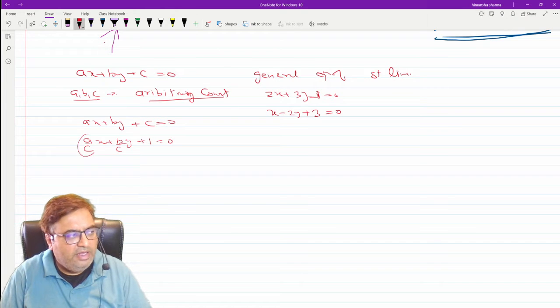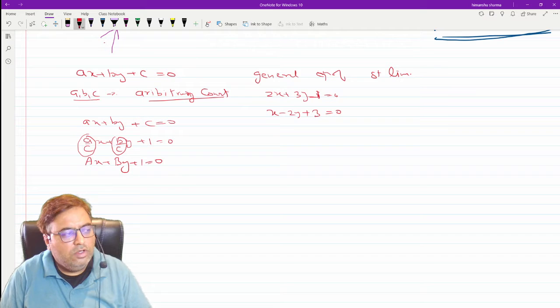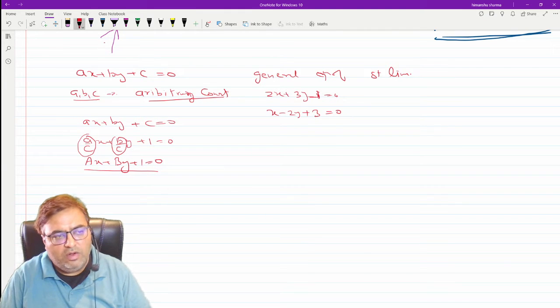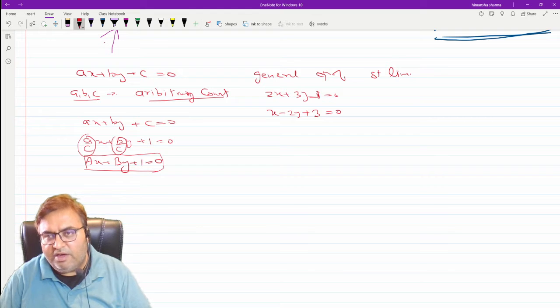Now these are arbitrary constants, I can call this capital A and I can call this capital B. That means what looked like 3 arbitrary constants have reduced to 2. Now we cannot reduce anything less than that. So in order to find the equation of a straight line, we require 2 different pieces of information by which we can find the values of A and B.